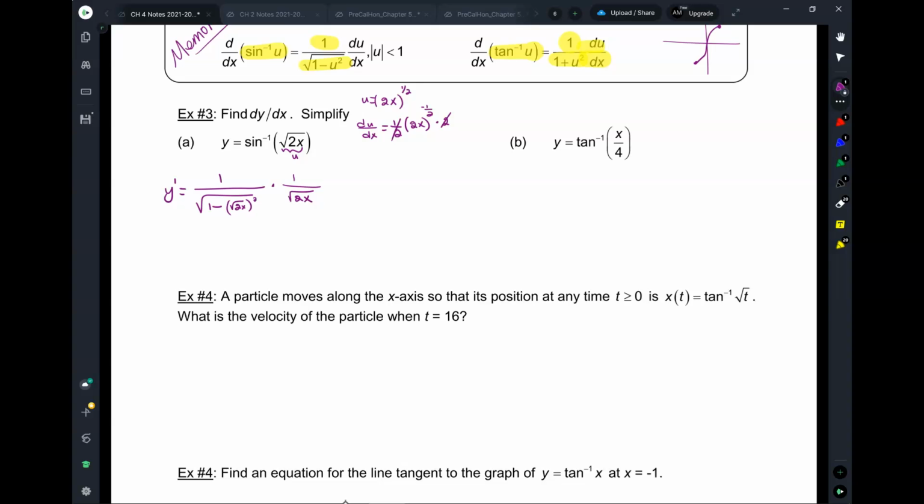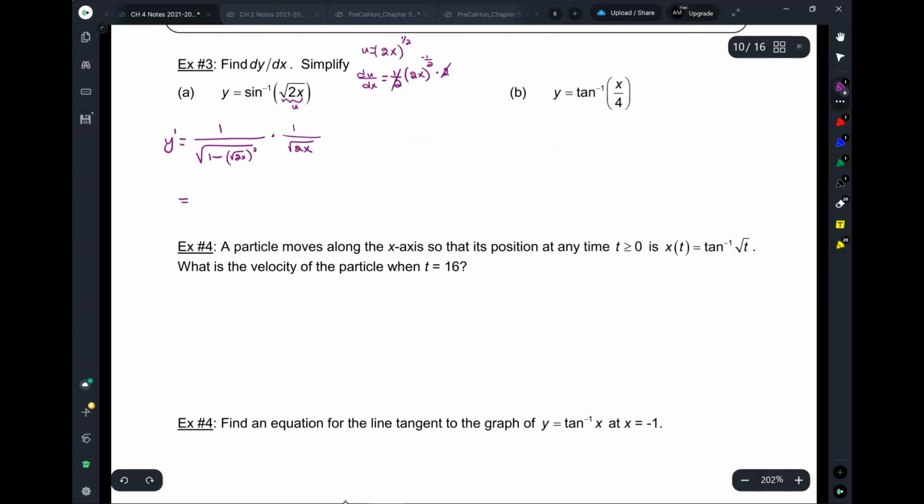Okay? Now, let's simplify this. This is 1 over root 1 minus 2x, times 1 over root 2x. So this is 1 over root 2x times root 1 minus 2x. And then you have to combine those roots.